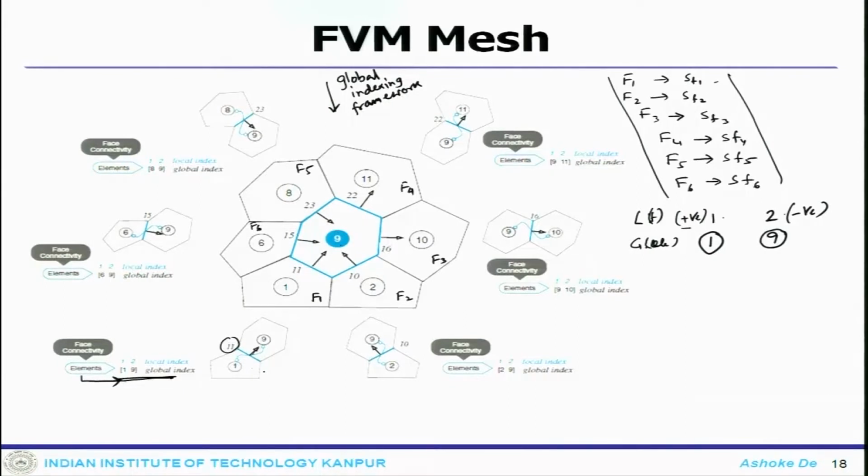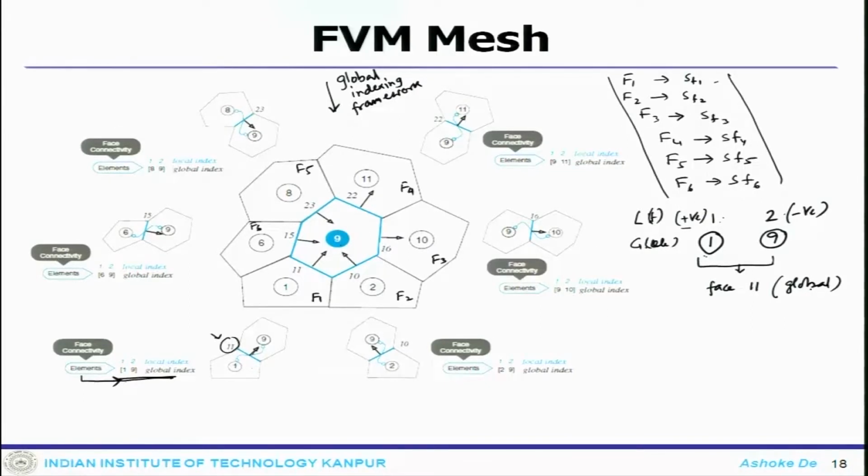For this particular case, as soon as we see 1 and the global indexing of the element is 1, the connecting face is 11. So, both the elements have a common face number 11, which is a global number.